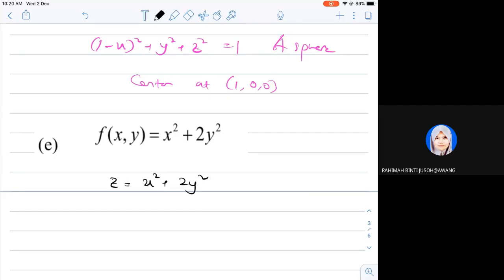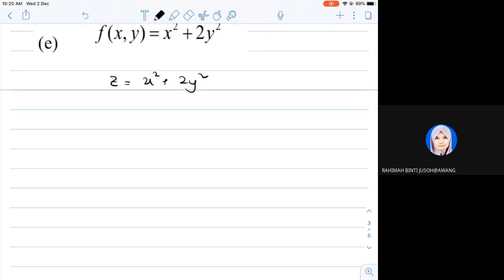What is the name of the surface? Circle. Not really. A circle should have a constant for z. Cylinder. No, it has z, right? If it didn't have z... Paraboloid. Yes, a paraboloid. Okay.